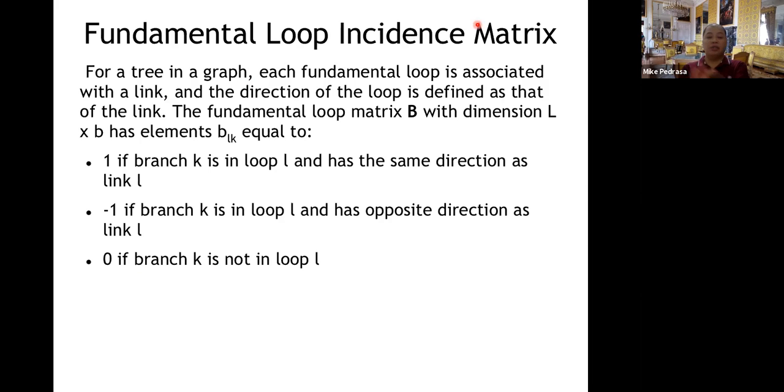So we have a graph, we choose a tree, and once you have chosen a tree, there will be a co-tree. The co-tree will have links, and for each link, we will derive the fundamental loops. At this point, we get the incidence of the fundamental loops to the branches. Again, the elements of that incidence matrix are either 1, -1, or 0.